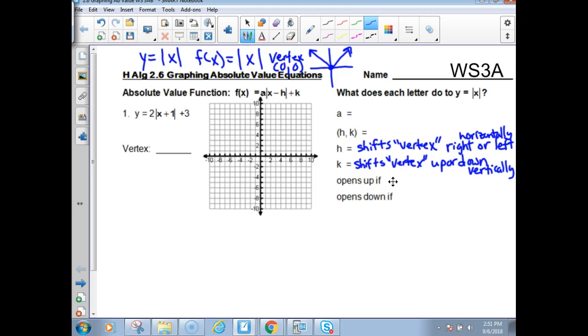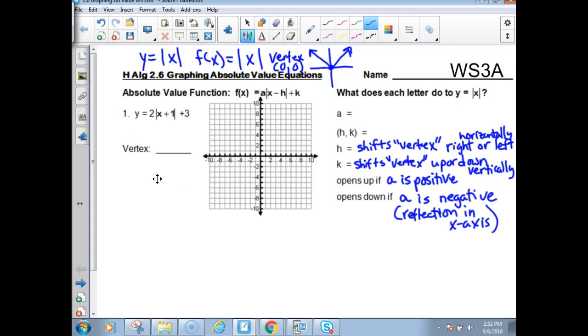It opens up if a is positive. Therefore, if it opens down, that's when a is negative. That reflects the graph over the x-axis. So it's a reflection in the x-axis.